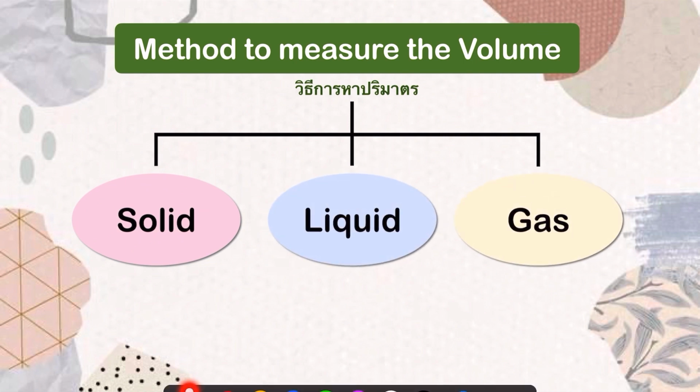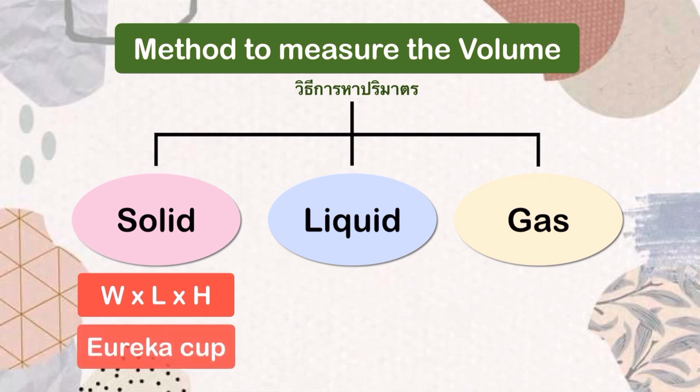If you want to find the volume of solid, you can find it by using this math formula: width times length times height. Or another way, we can find the volume of solid by using a Eureka cup, and I'll show you later what a Eureka cup is.